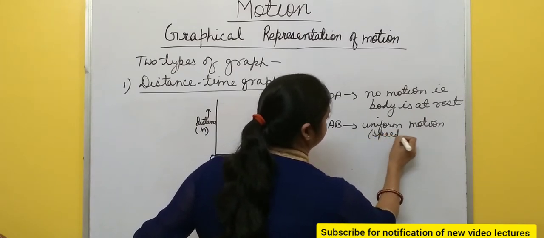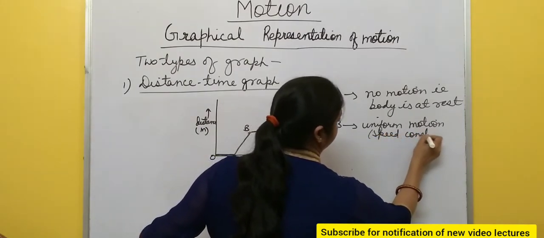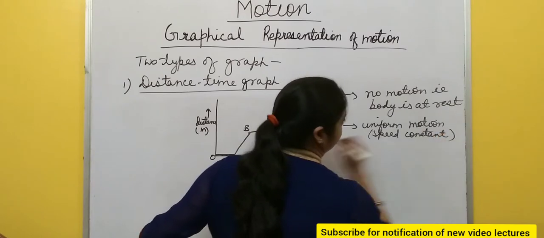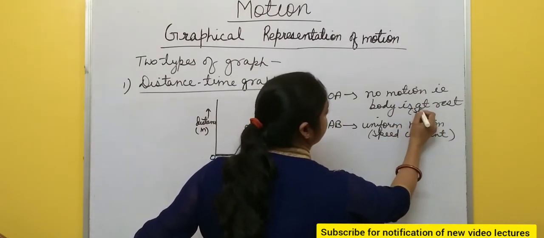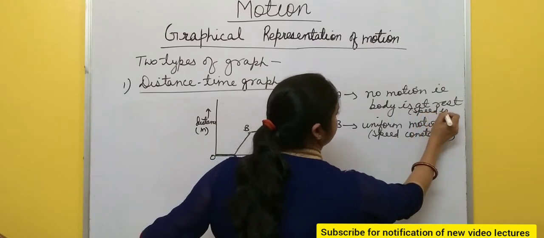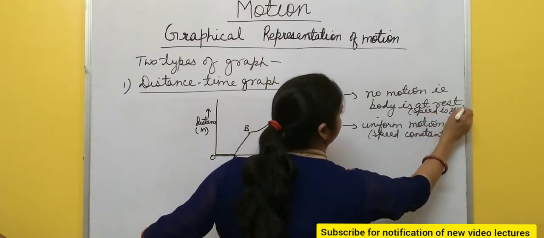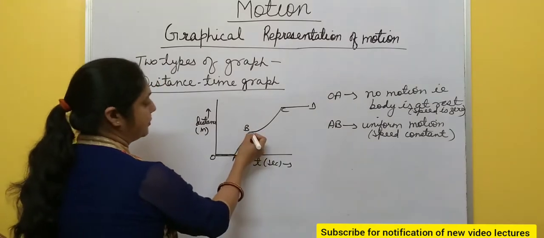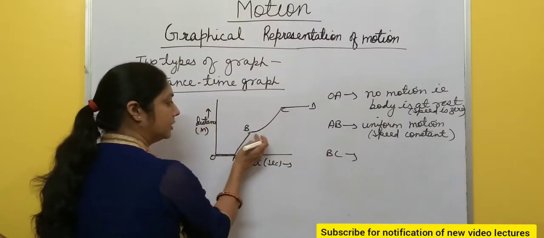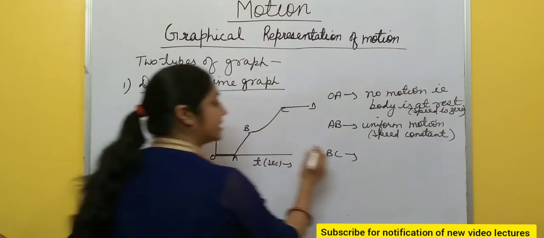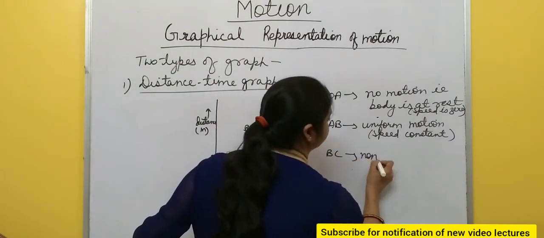Speed constant. Okay, and in OA no motion. Speed is what? Speed is 0. Okay, now next BC. BC represents what type of motion? This one. Yes, non-uniform motion.